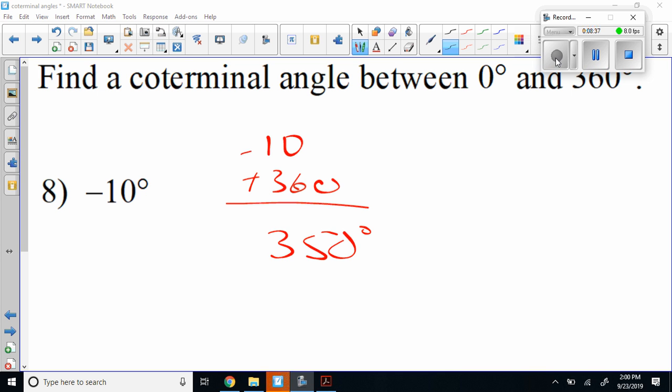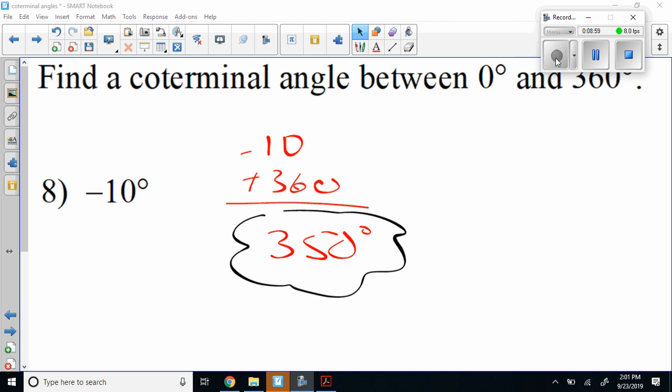That's a coterminal angle, and it's between 0 and 360. Questions? So if the angle is positive, I'll subtract 360. If the angle is negative, I will what? Add. When do I stop? On these, I give you requirements between 0 and 360, right? Good. Okay, questions? You're good on that?